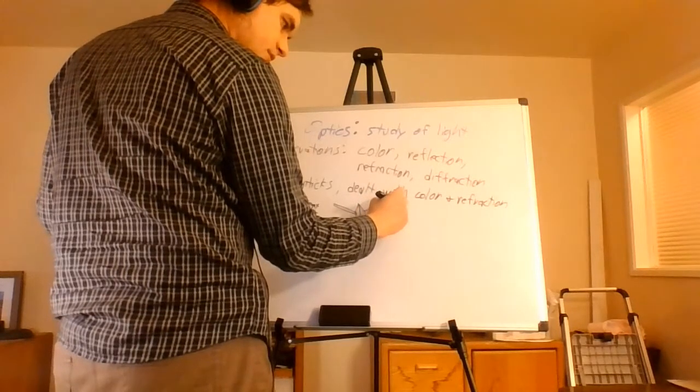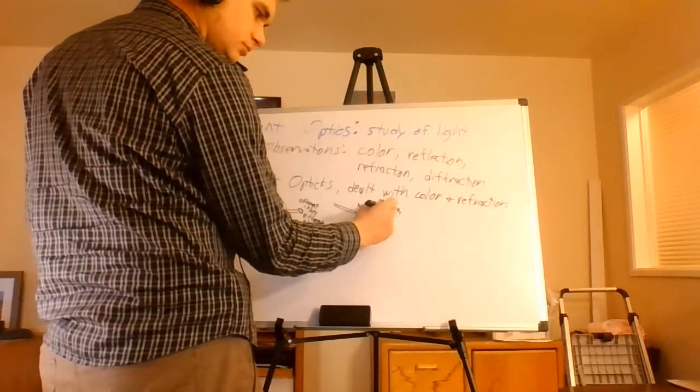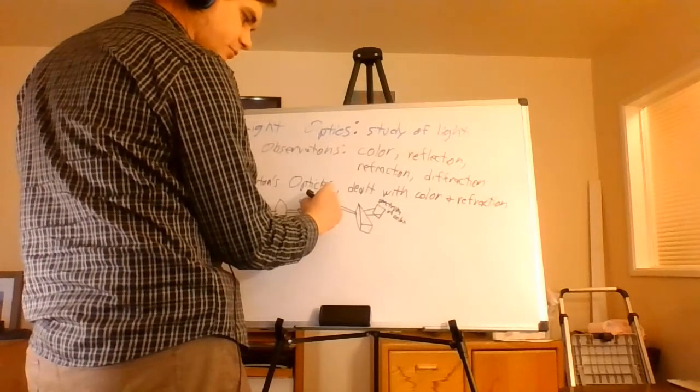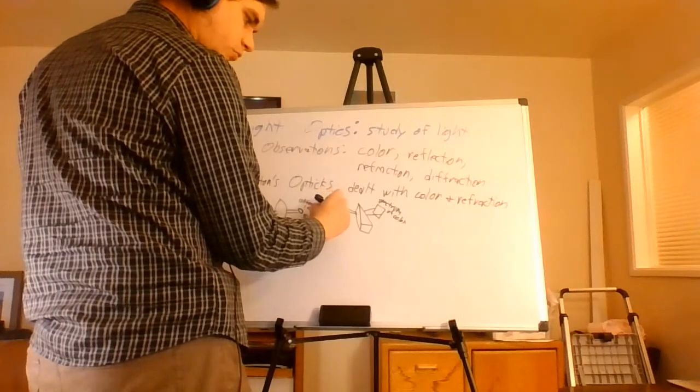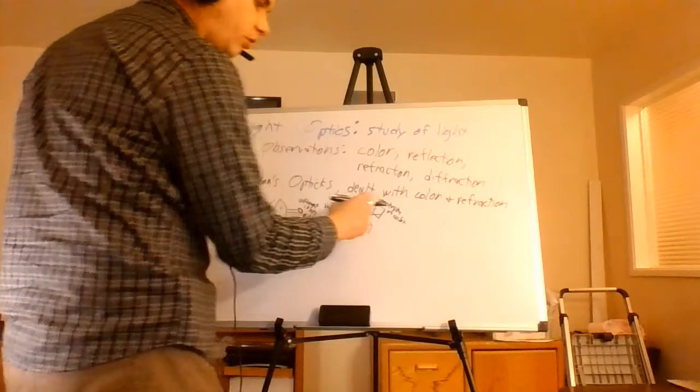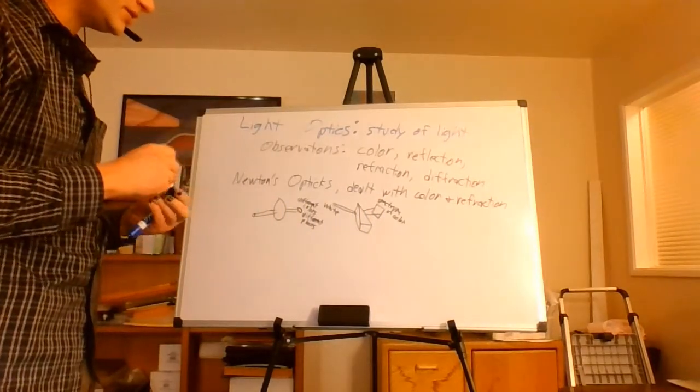A spectrum of color. And if he started with light that was white over here in the beginning, he would get all of the colors in existence.